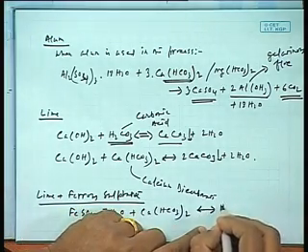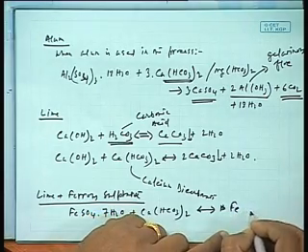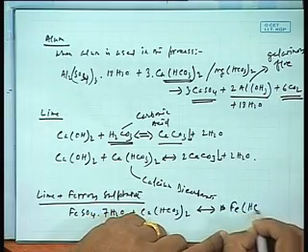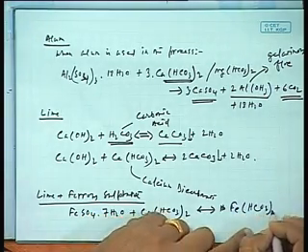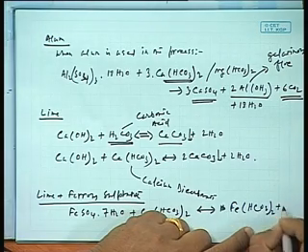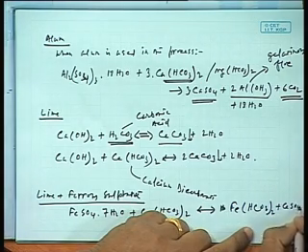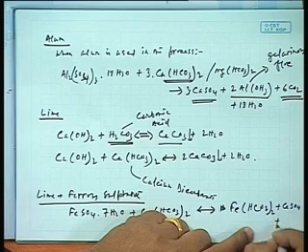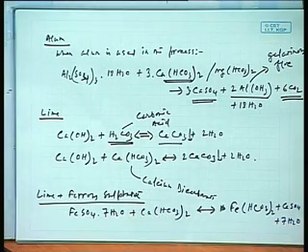So here we can find Fe, CaSO4 plus 7H2O.